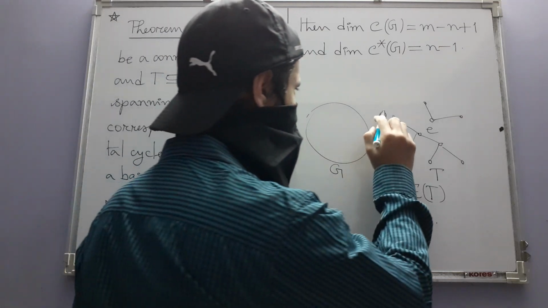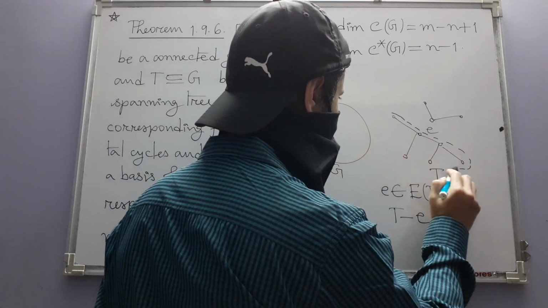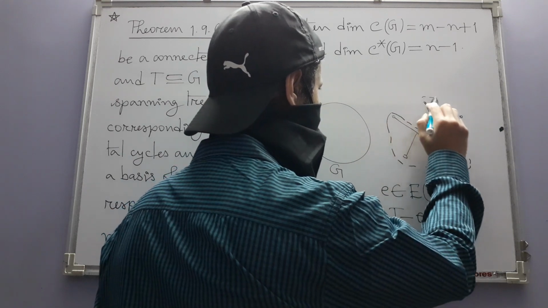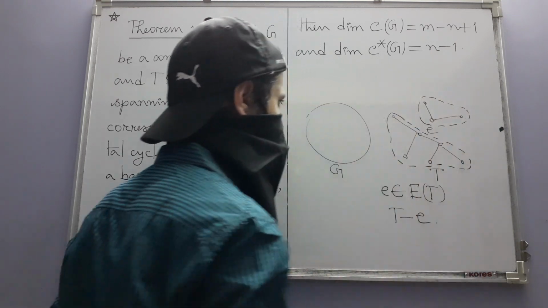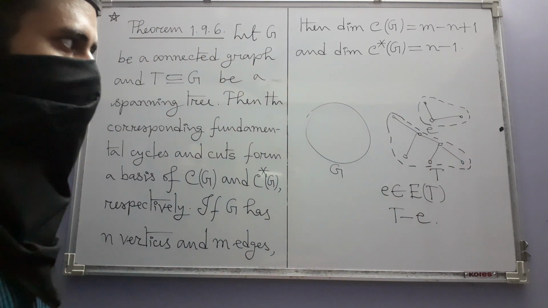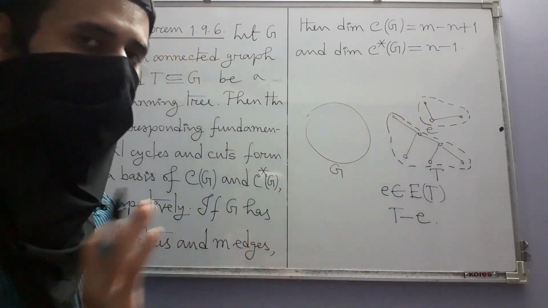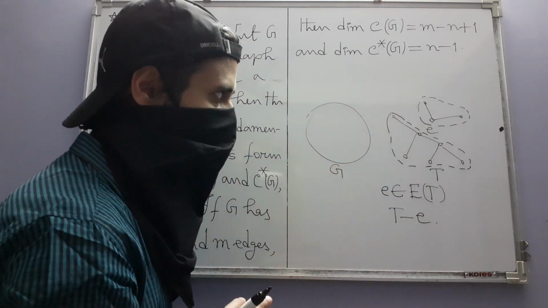You can see that here. This is one connected component and this is the other connected component. Now between them the edge E was there before we deleted E.